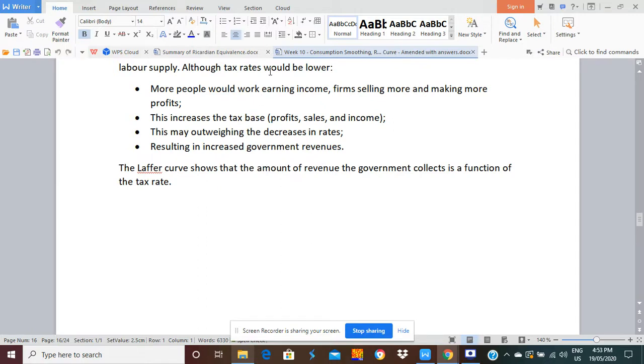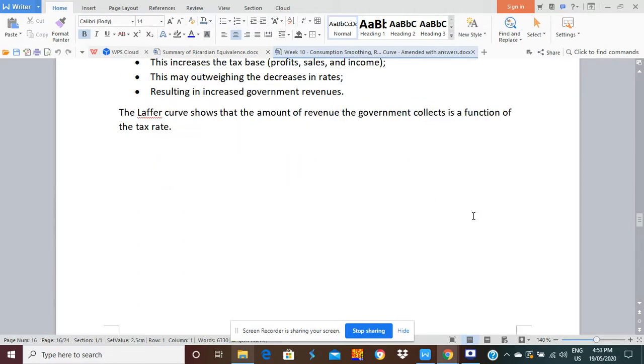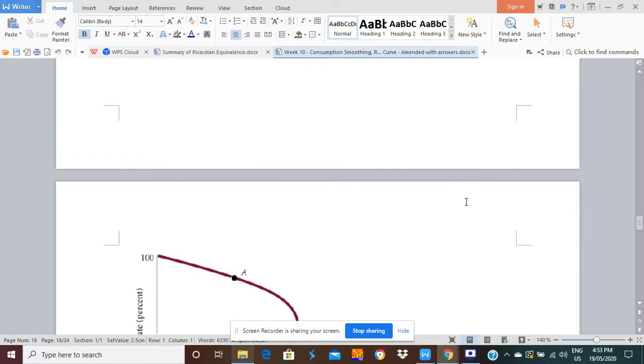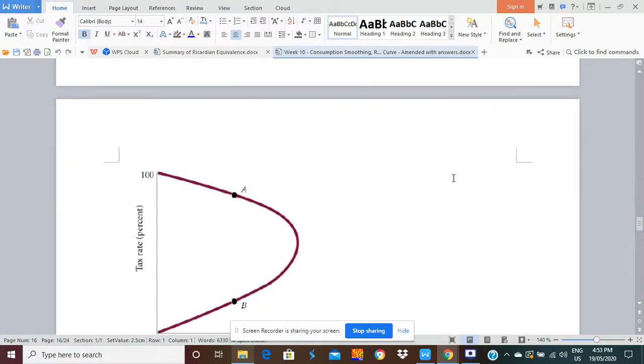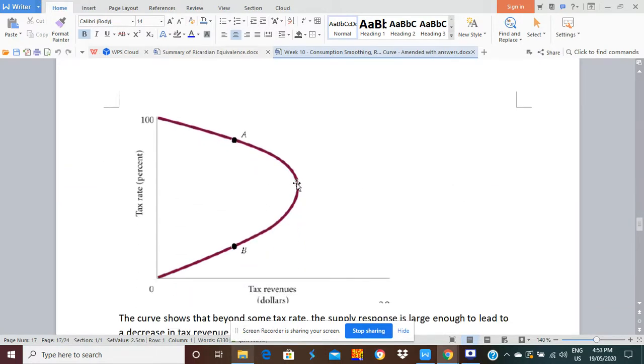In contrast, if the tax rate is low, each person pays little, but everybody is paying. So the level here is 50%. The level is decreasing.